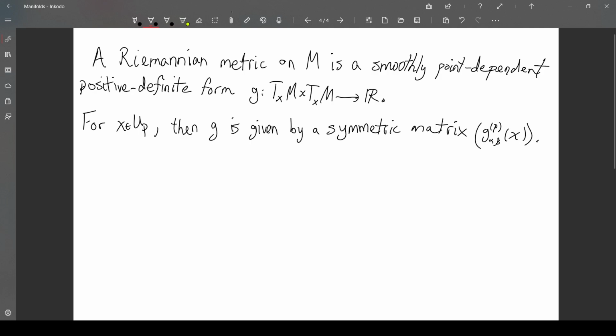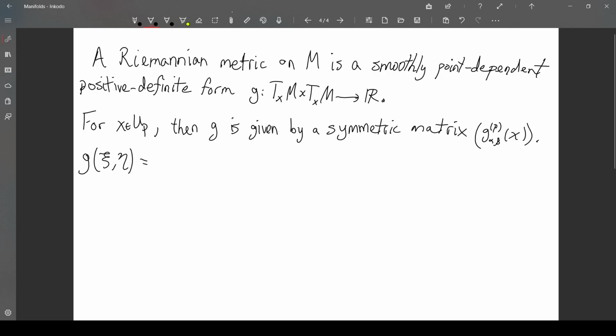So alpha and beta are the indices denoting the positions of the matrix. And with this in mind, we can then define the inner product.